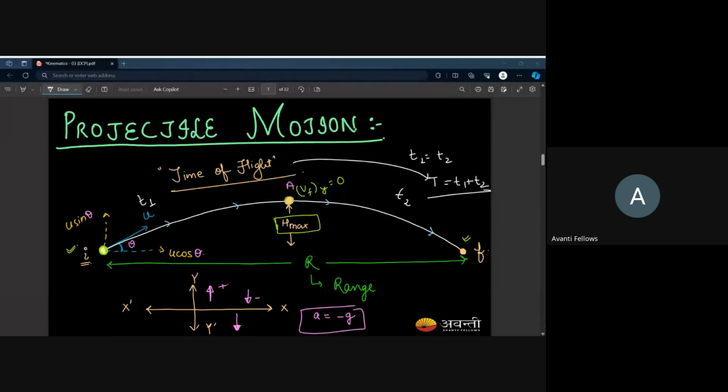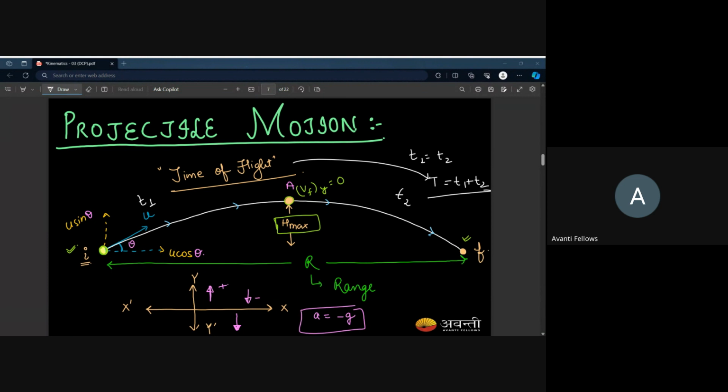I'm saying projectile motion is a two-dimensional motion under gravity. This motion takes place under the influence of gravity. So if you throw a ball at some angle, then it will rise, and it will also move in the horizontal direction, right? It will go in the forward direction as well as move in the upward direction. Yes or no? Yes, ma'am. So basically, we got the idea that we have two dimensions to deal with.